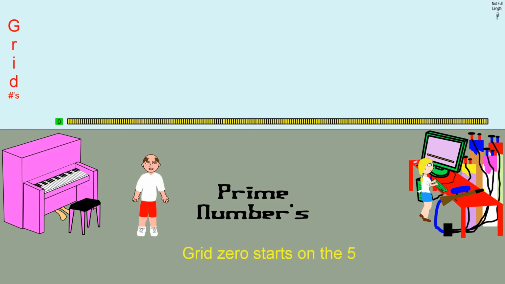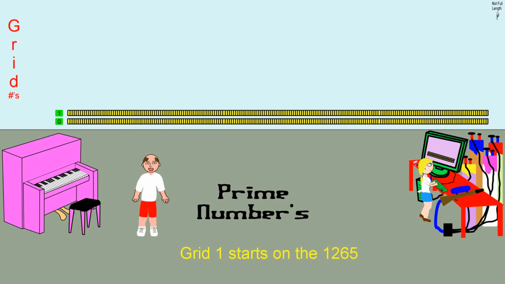Grid 0 starts on the 5. Grid 1 starts on the 1265, 1260 plus 5. The grid number will always tell us where we are because the first position on the grid will always be the grid number times 1260 plus 5.